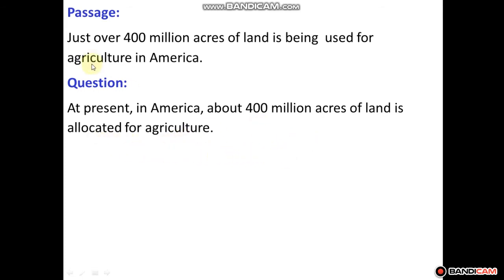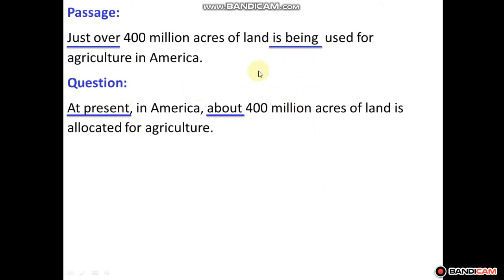Fine. Now let's analyze the question as we did before. Matching the keywords, of course, you have to do. In fact, that is to approach the meaning, not just matching the keywords itself. About, and here it is just over. Pretty same.